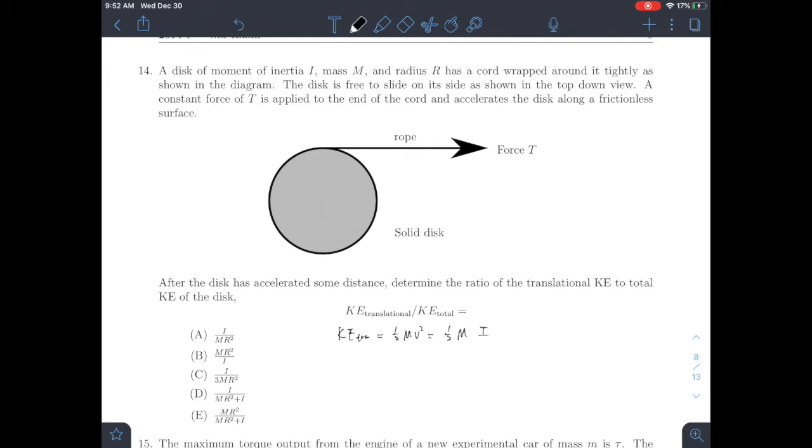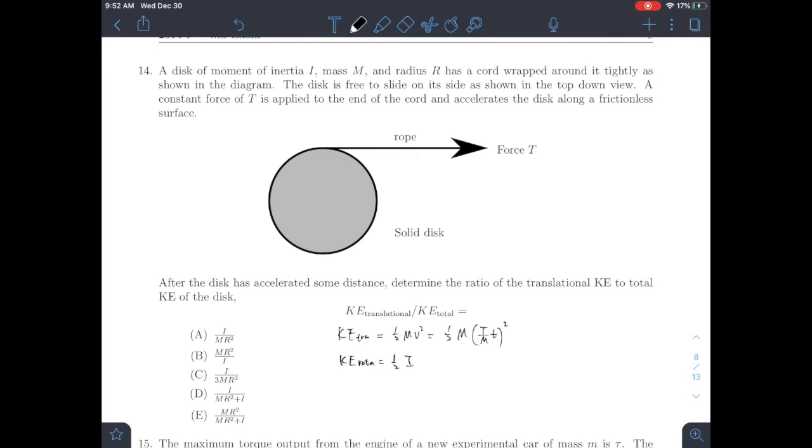One is rotational, one is translational. So the translational kinetic energy is 1/2 m v squared, which is equal to 1/2 times m times (acceleration times t) squared. Acceleration is T over m, so (T over m times t) all squared. What about the rotational kinetic energy? Rotational kinetic energy is equal to 1/2 I omega squared, right? So what is omega?